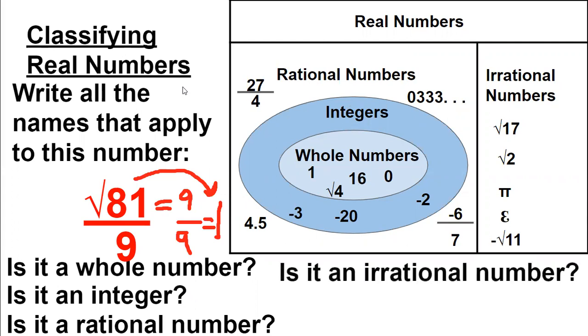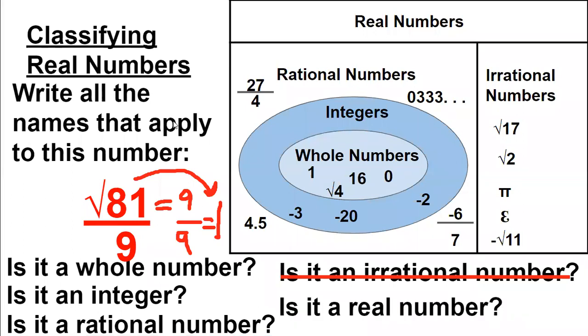Is it an irrational number? No, because we've already said that it could be written as a fraction, so it is not irrational. And finally, is it a real number? Of course, it is a real number because real numbers are all the numbers, right? So this one has 4 categories.